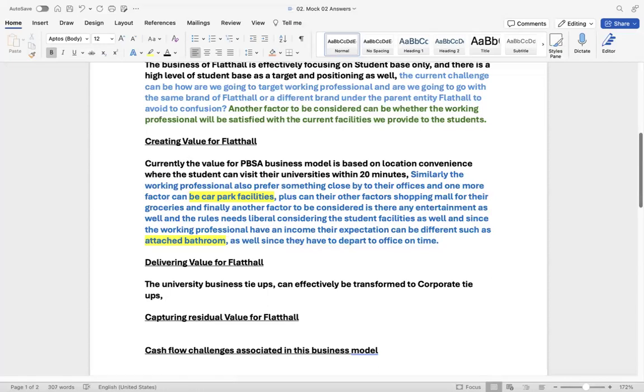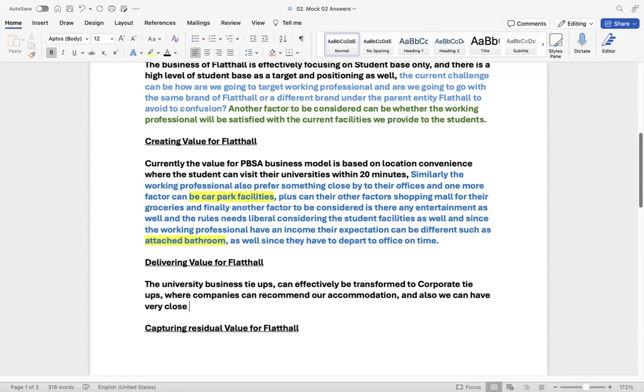Students, can I get a Y in the chat box if you are understanding this point of view of corporate tabs, where companies can recommend our accommodation. Can that happen? Of course it happens. And also we can have very close referral contracts with local real estate brokers.